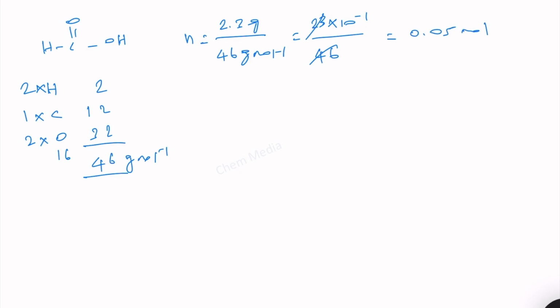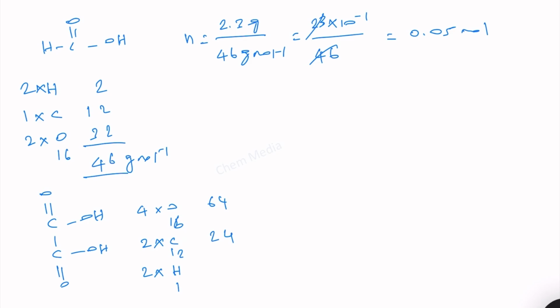And then for oxalic acid we have 4 oxygen atoms. So, 4 times 16 that is 64 and then 2 times carbon that is 24 and then 2 times hydrogen that is 2.